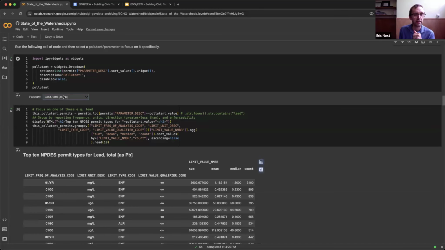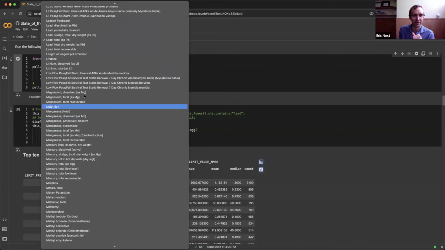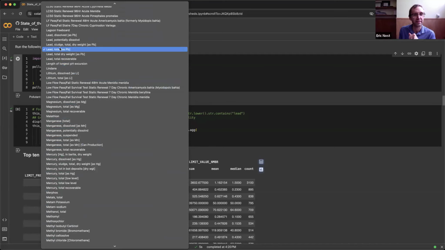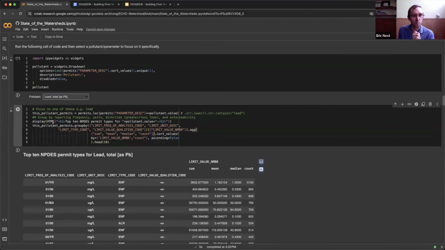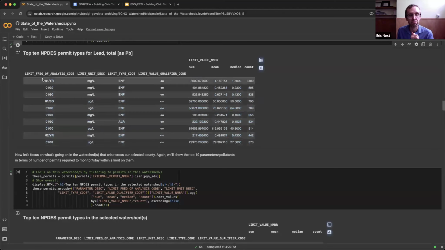Here we've selected lead out of hundreds upon hundreds of different regulated substances here, some of which are going to be similar to each other, but specifically total lead. And here we get the different ways that lead is measured, or specifically different frequencies.